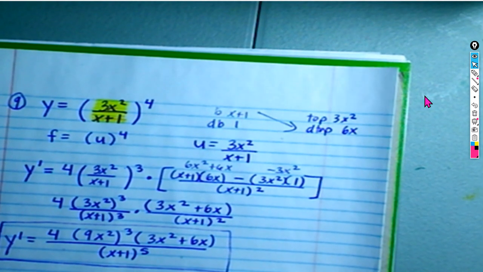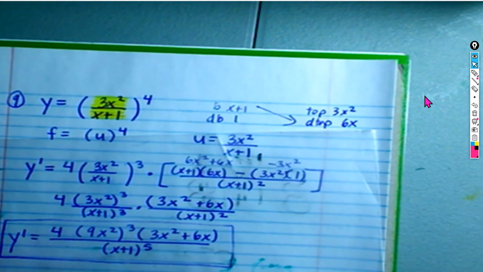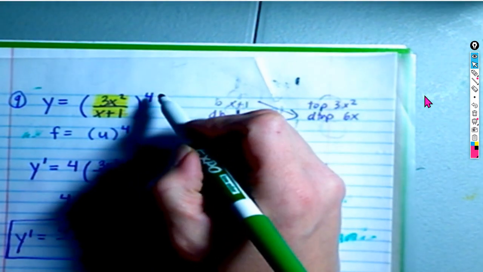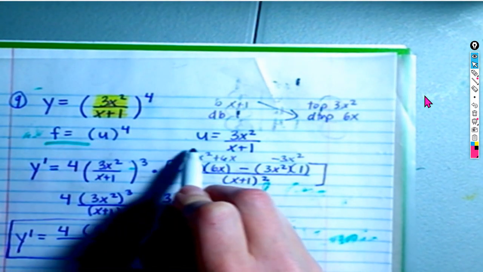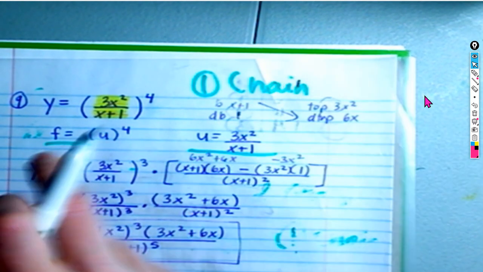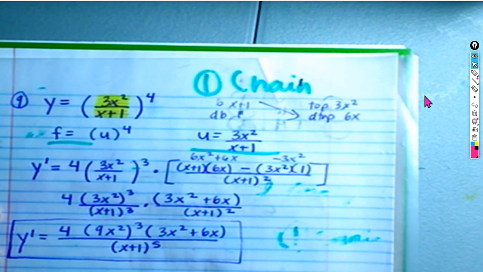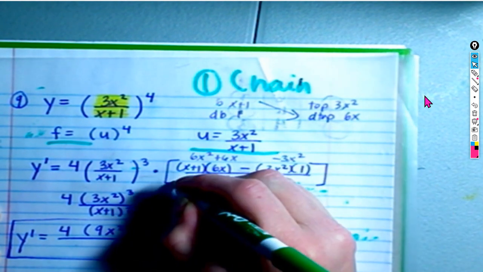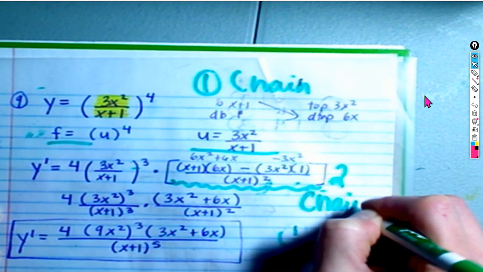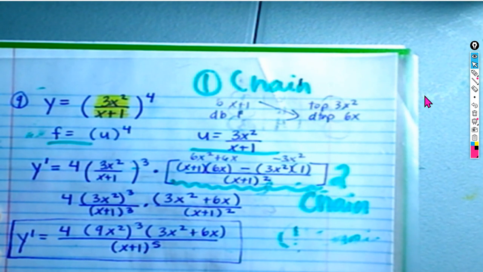Okay, what did we do first? What did we do second? The first thing I did was chain, because I looked at the U substitution in terms of separating it. The second thing I did was chain rule.